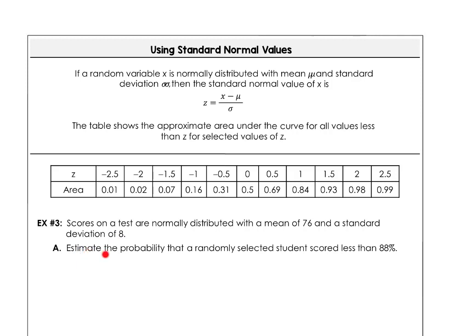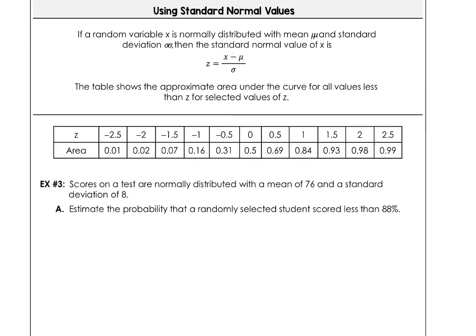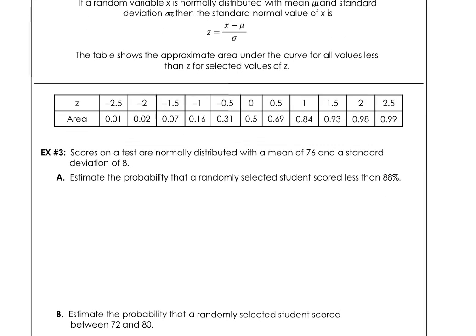So we want to estimate the probability that a randomly selected student scored less than an 88. So we're going to calculate the z-score here. z is x minus mu, so 88 is our x, and the mean mu is 76, and we're dividing by the standard deviation, that's 8.